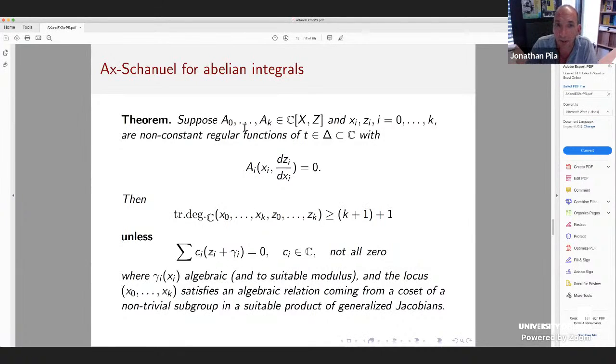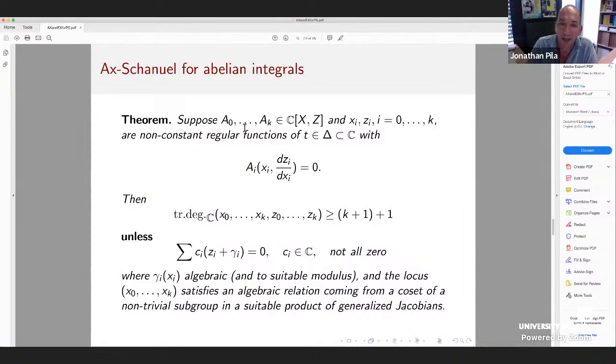I'm not saying that these polynomials are different, but now I imagine I have K plus 1 polynomials, capital A0 up to AK, and some functions xi and zi, non-constant regular functions on some complex disk in the complex plane, all functions of the variable t, with the property that the zi's, if you like, are the corresponding abelian integrals of these algebraic functions.